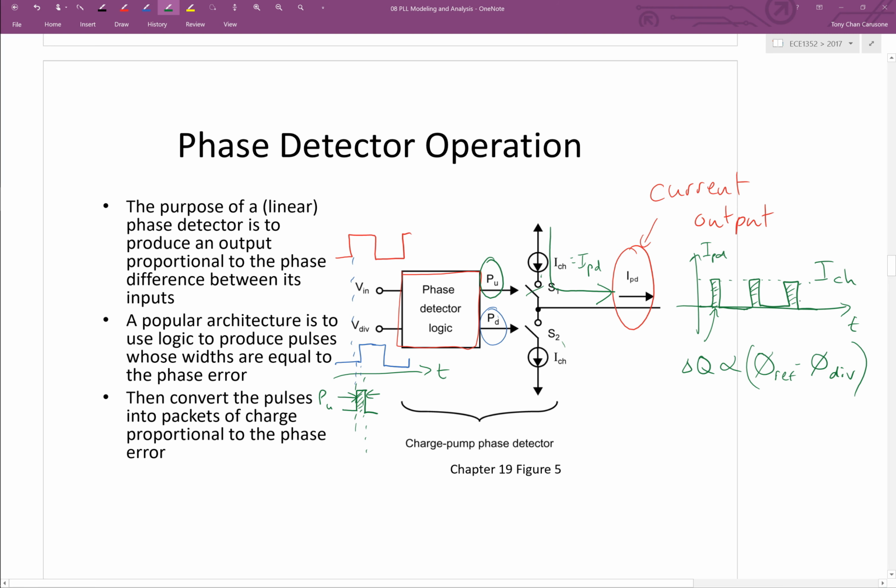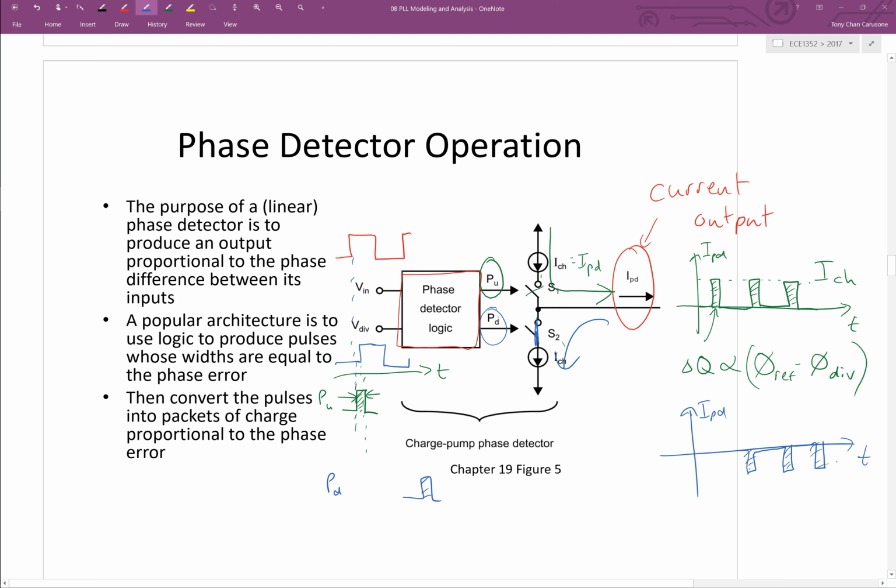Now, if things are reversed, right? If it happens that the divided clock is leading the reference clock, then in that case we'd get a pulse at PD, and then this switch would close here, and we would get current getting sucked out that way. So in that circumstance, as far as the waveform IPD goes, that current waveform would have negative pulses.